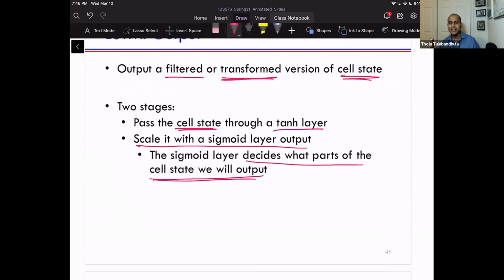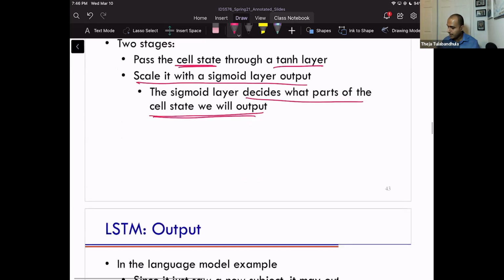We first transform the cell state into something new, but we won't directly pass that new thing as a hidden vector. We'll also modulate it using the output gate, which says some coordinates we leave as they are, and some coordinates we'll set to 0.